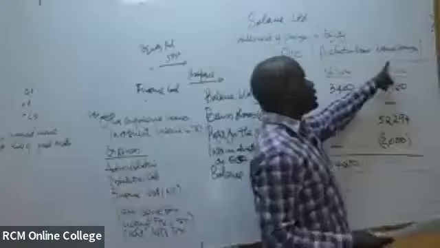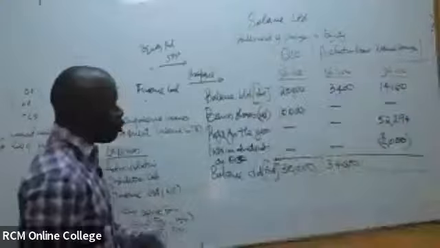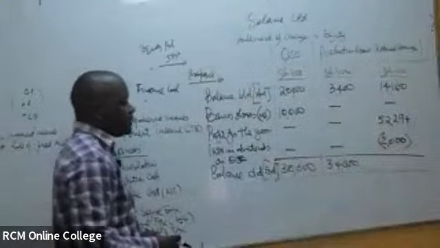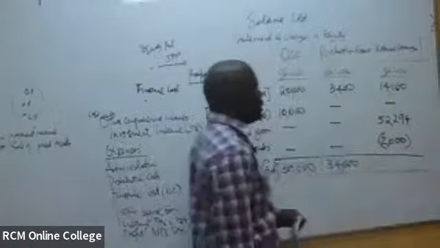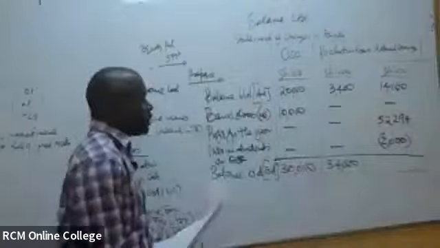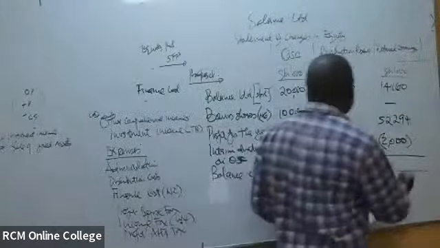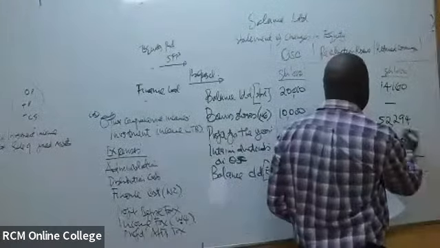Remember, if they had just proposed, it means they'll settle it maybe in the coming year. They didn't actually make the payments, so it won't affect the retained earnings for this year. It is just a proposition.